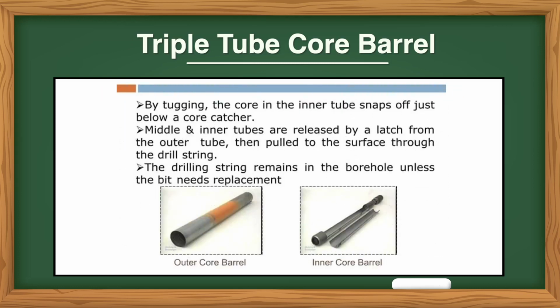By tugging, the core in the inner tube snaps off just below a core catcher. Middle and inner tubes are released by a latch from the outer tube, then pulled to the surface through the drill string. The drill string remains in the borehole unless the bit needs replacement. You can see in the figure the outer core barrel and inner core barrel.